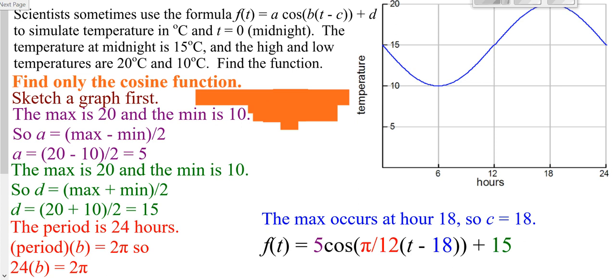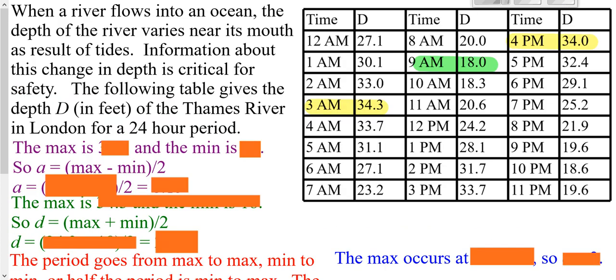Now, whether you have your function drawn out or your function given to you in data, it's really the same thing. So here we have the depth of the river at different times given to us in feet. Now, the reason our river goes up and down is because the river is emptying into the ocean and the ocean has tides, so that affects the river right as it dumps into the ocean.